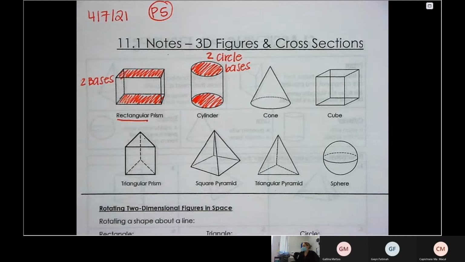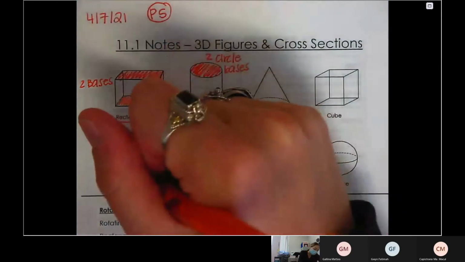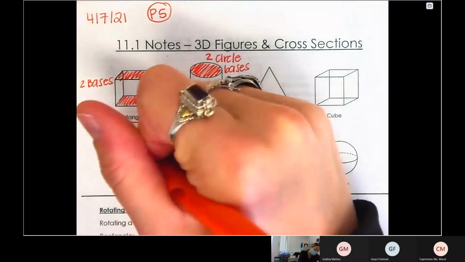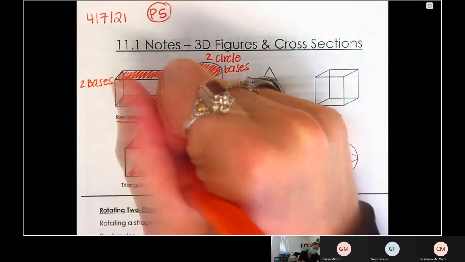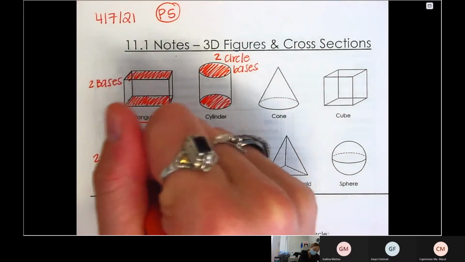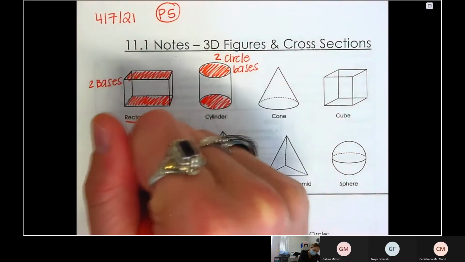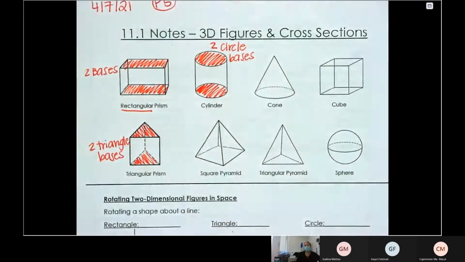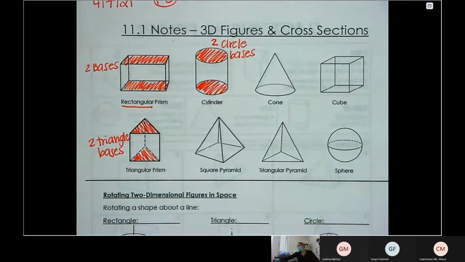What's the shape of the base? A triangle, yeah. So I've got the triangle down here at the bottom, and a triangle at the top. I've got two triangle bases, and so this is a triangular prism. I'll show my online people.